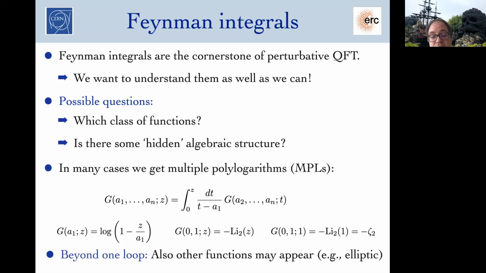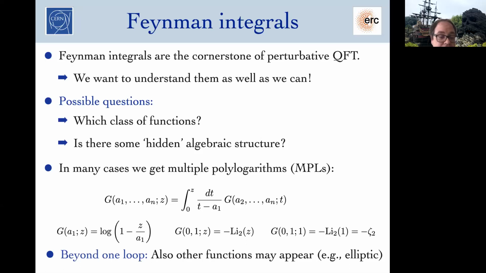So at weight 1, if you do one integration, you get just a log. If you do two integrations, well, you can get a product of logs, or you get a dilog, which I guess many people know from one-loop calculations. But of course, now you can continue and you generate more and more functions. So those are kind of the prototype functions that you get when you compute Feynman integrals.